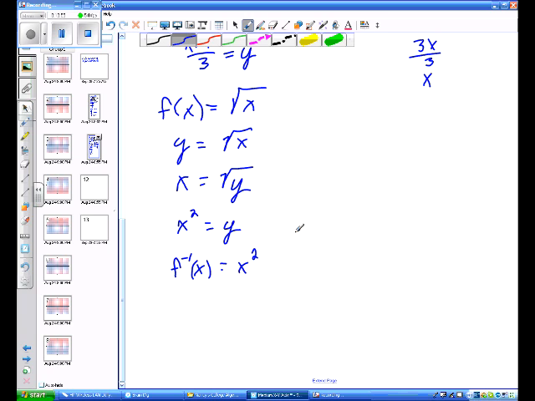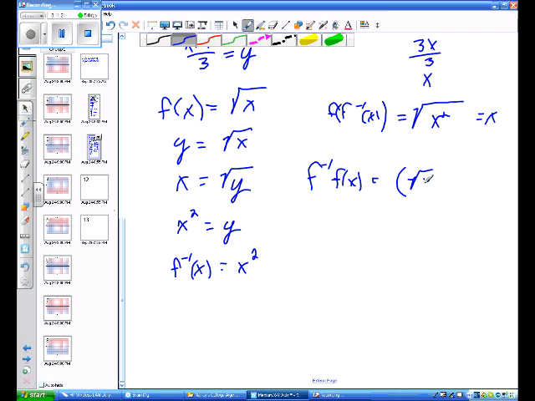And I could go through and do the test. If I take f of f inverse, then I'm going to have the square root of x squared, which is x. If I do f inverse of f of x, then I'm going to be squaring the square root of x, which gives me x.